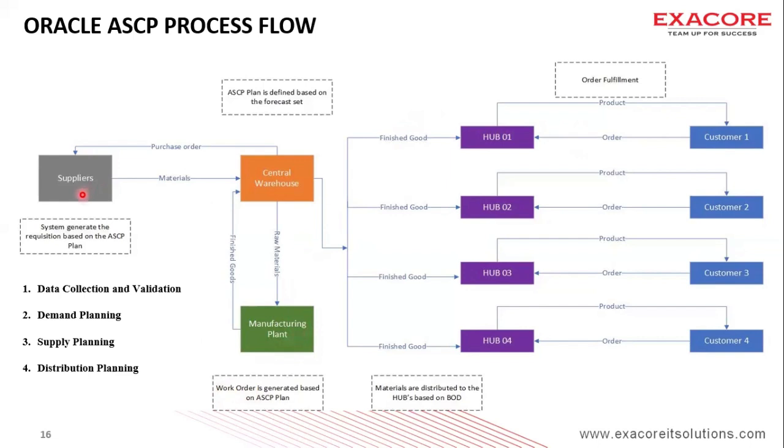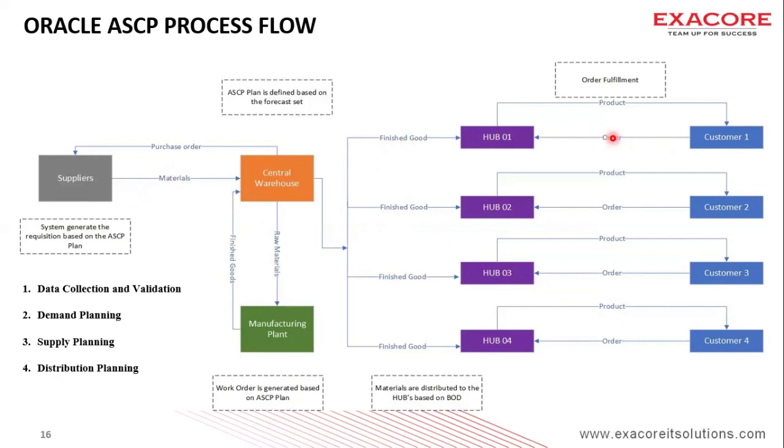So based on the system-generated requisition, which is automatically generated using the ASCP plan, suppliers will distribute the materials to the central warehouse. The raw materials will be converted to finished goods, and the finished goods will be transferred to the corresponding hubs. So this is how demand and supply are collaborated in ASCP.